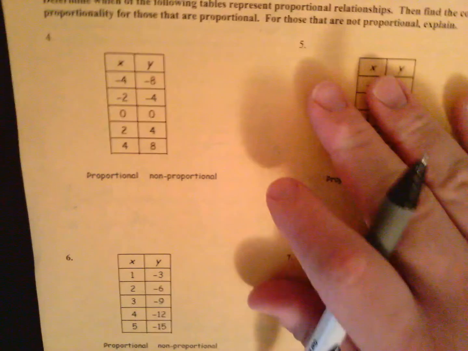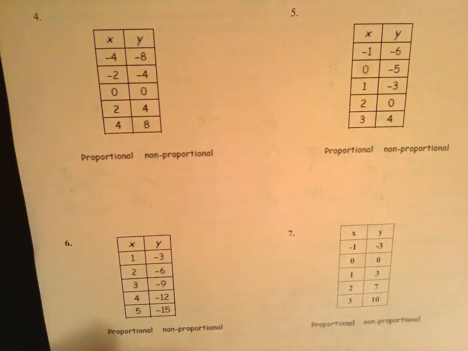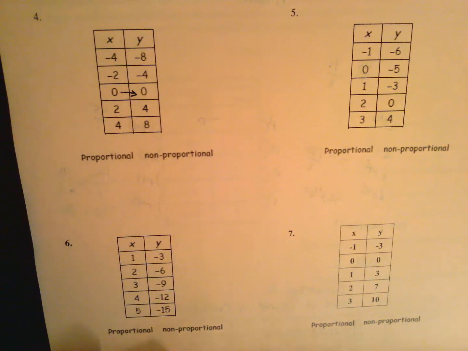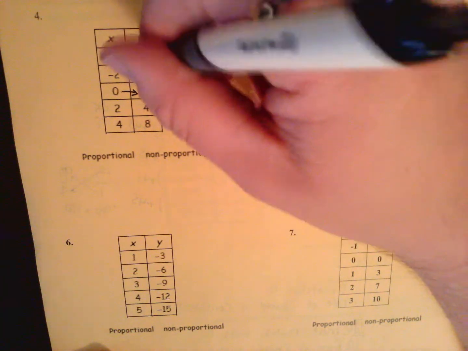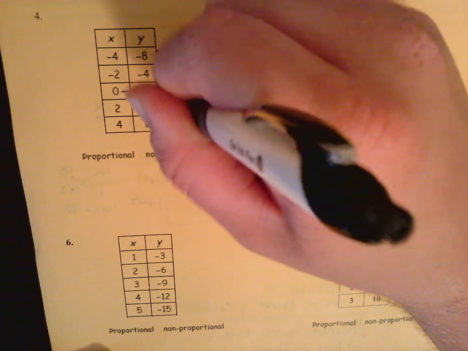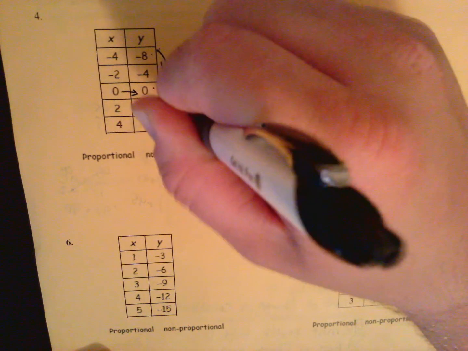Go ahead and try these. Look at these. Number 4. Does 0 match with 0? Well, if I draw a line and arrow over, do they end up being in the same boxes? And the answer is yes. Then I look for my rate of change. Well, this goes up 4. This continues up 4. This continues up 4. This continues up 4.